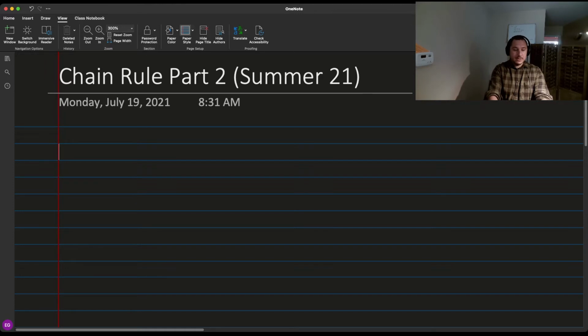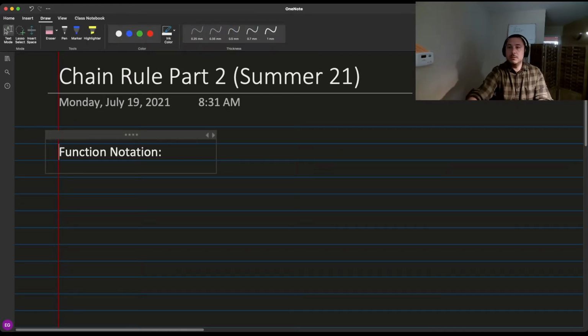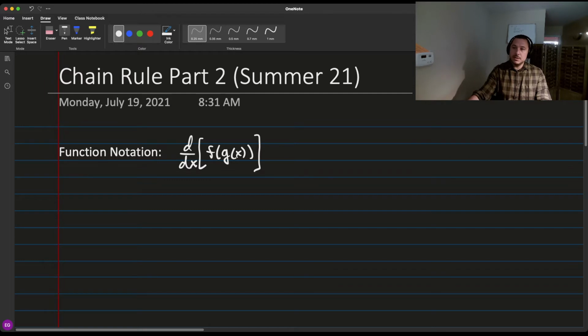Okay, so we've learned about the function notation version. So what is the function notation version? Well, if you want to take the derivative of a composition and you write that composition using function notation, okay, so remember, what's function notation?